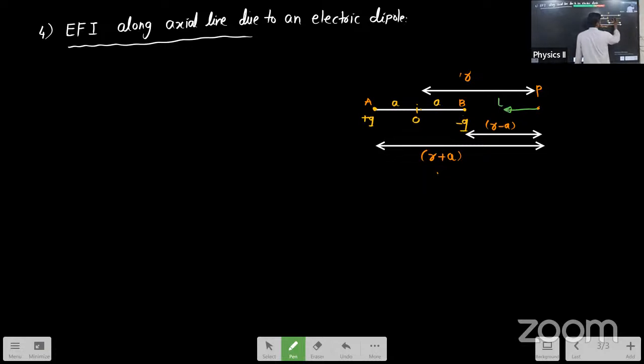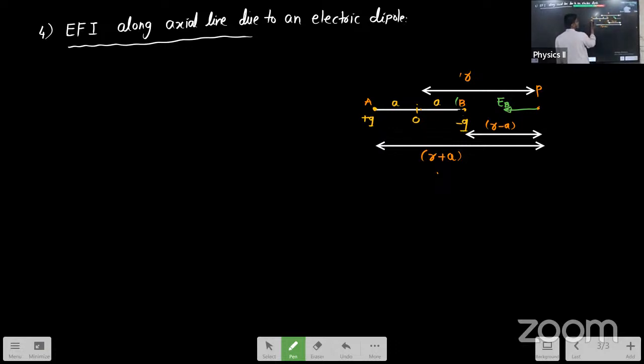I am writing that is electric field due to B. Because at point P we have assumed a unit positive charge, and here there is a negative charge, positive and negative charge try to attract each other. So I am drawing the electric field in this direction, which is because of point B.